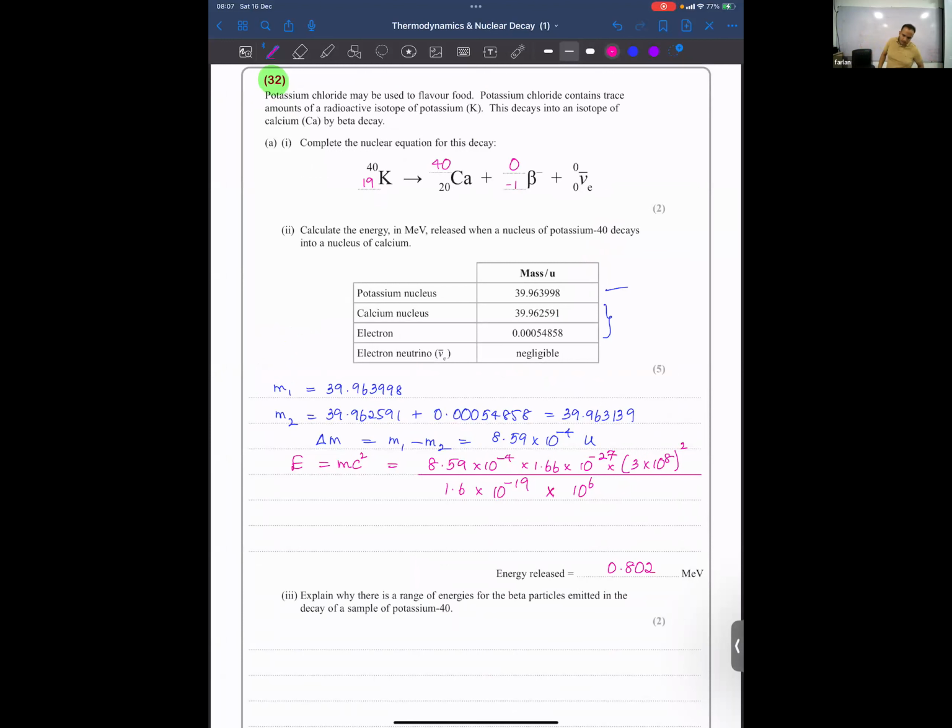Explain why there is a range of energies for the beta particles emitted in the decay of a sample of potassium 40. We answered this question also in the earlier one. Why there is a range of kinetic energies for the beta particles emitted. Yes, right. What's your answer? Momentum is conserved.